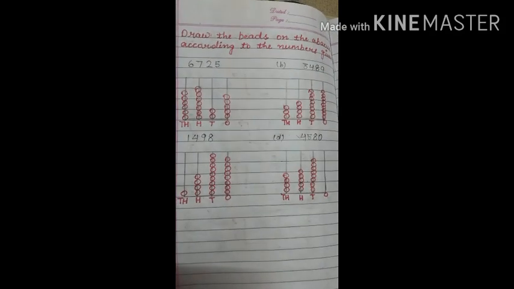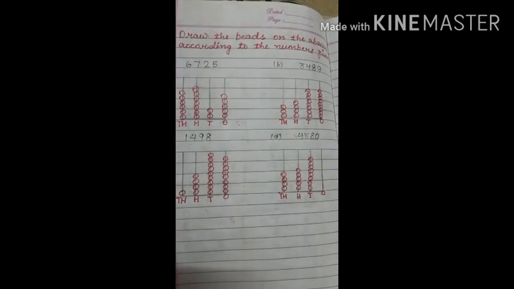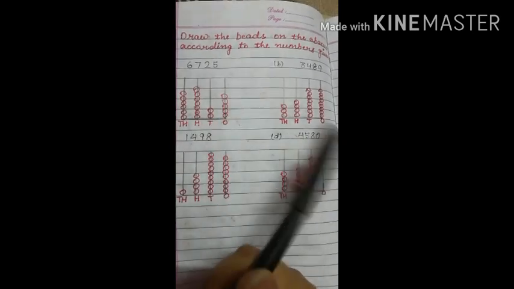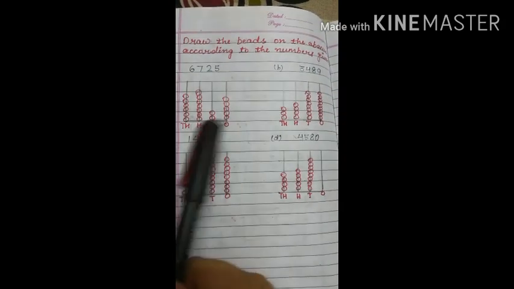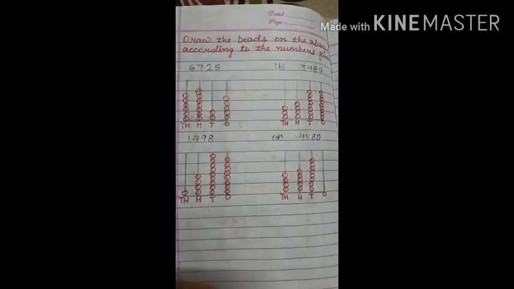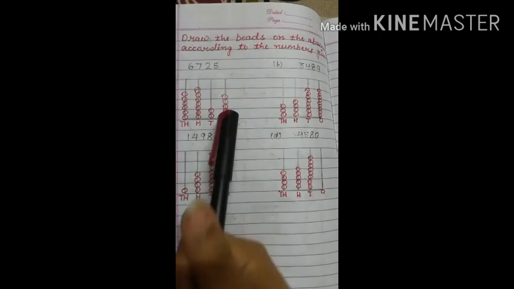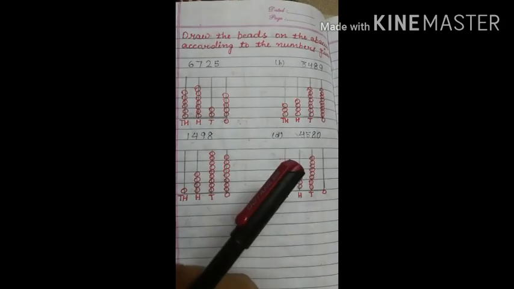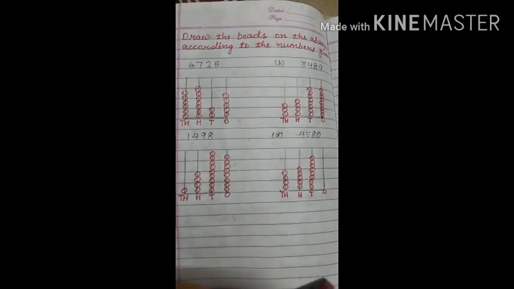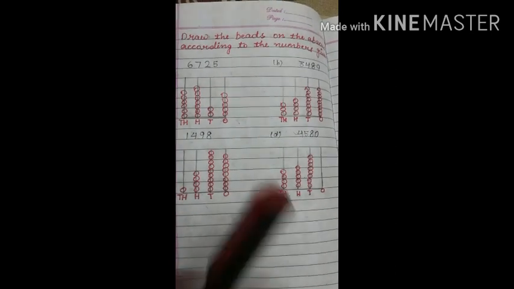Now I'll be sending you an assignment. You just draw the abacus, write down the numbers first like I have written here, then draw the abacus, make it with the scale, use the scale to draw the lines, then write down places and draw these beads very neatly. Just count the beads and draw them.